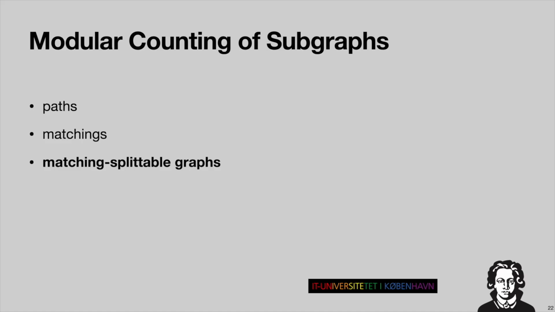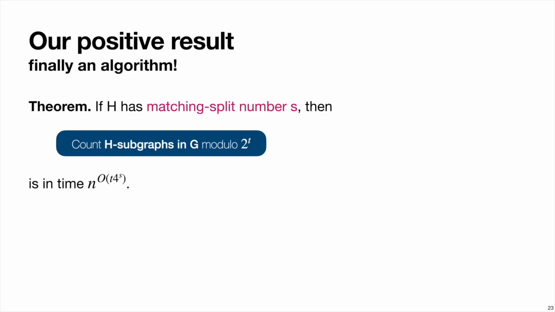Finally, we come to the third section, which is about matching-splittable graphs. This is our positive result. Finally, an algorithm. The theorem is that if H has a matching split number of S, then this problem can be computed fast.